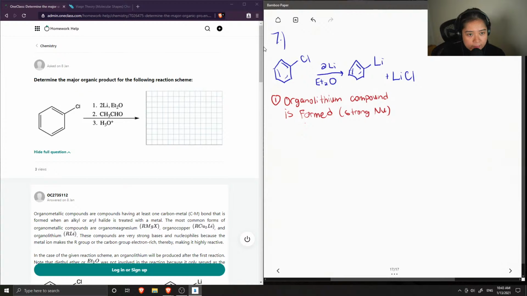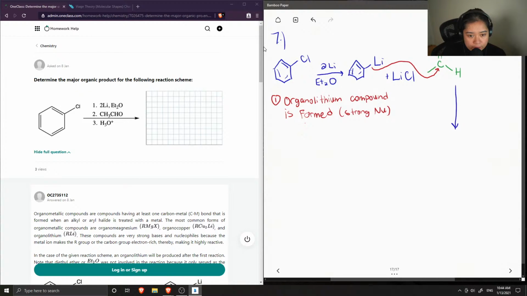Okay, so now that we have a strong nucleophile, this can react with our acetaldehyde, since the carbonyl is at the end. So this is the structure of our second reagent. And then I can show how this nucleophile can come in and attack the carbonyl group, bringing the negative charge onto the oxygen.